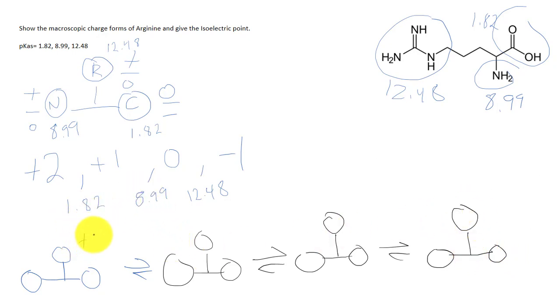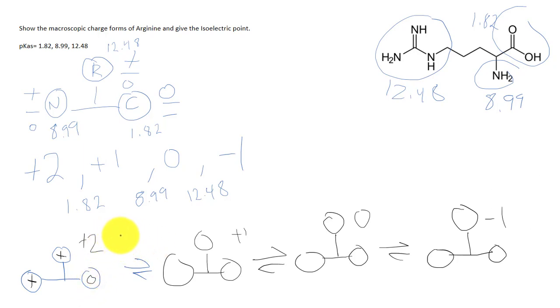And remember, these are going to represent our plus 2, our plus 1, our 0, and our negative 1 forms. So I like to start with the plus 2. Plus 2 is easiest because we can just read across our little shorthands: plus at the N, plus at the R, 0 at the C, to get us a plus 2.